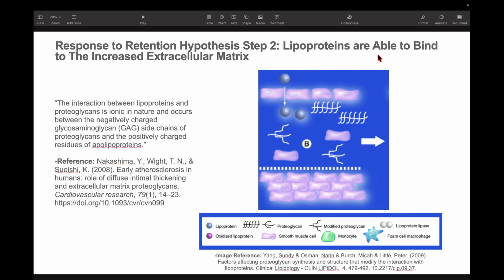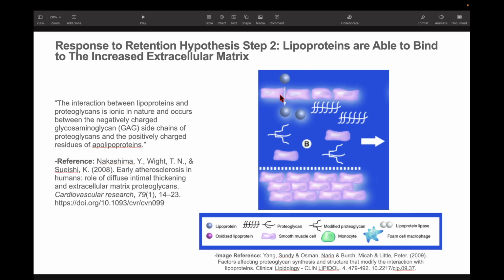So step 2, lipoproteins are able to bind to the increased extracellular matrix. So, quote, "the interaction between lipoproteins and proteoglycans is ionic in nature and occurs between the negatively charged glycosaminoglycan side chains of proteoglycans and the positively charged residues of apolipoproteins." So, these are the apolipoproteins. This is most likely LDL.